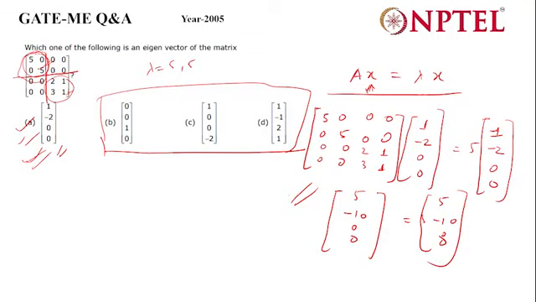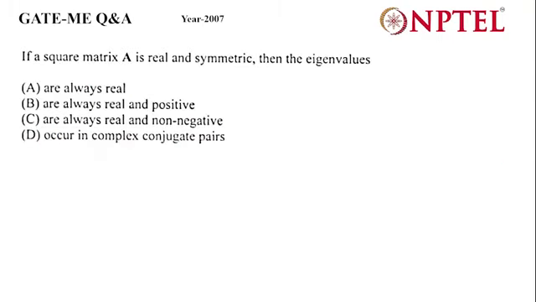But in GATE, multiple options can be correct, so you have to do that. It will not take much time. Like I'm showing you, if you do it on your own, it will hardly take 20-30 seconds. The more you practice, the less time you will take to do all these things. So keep practicing. Okay, next question.